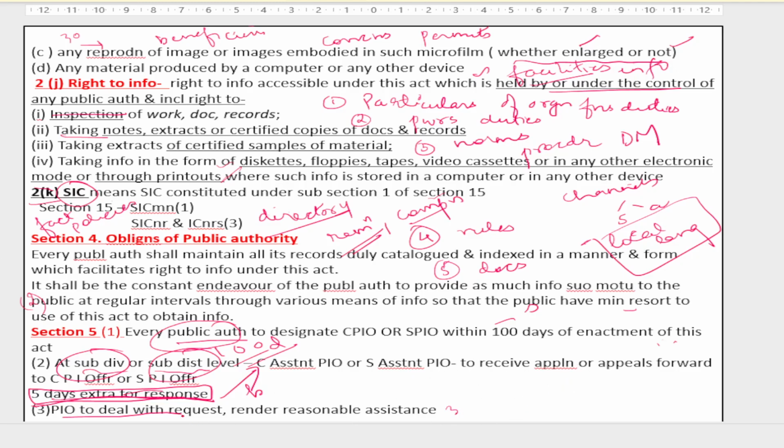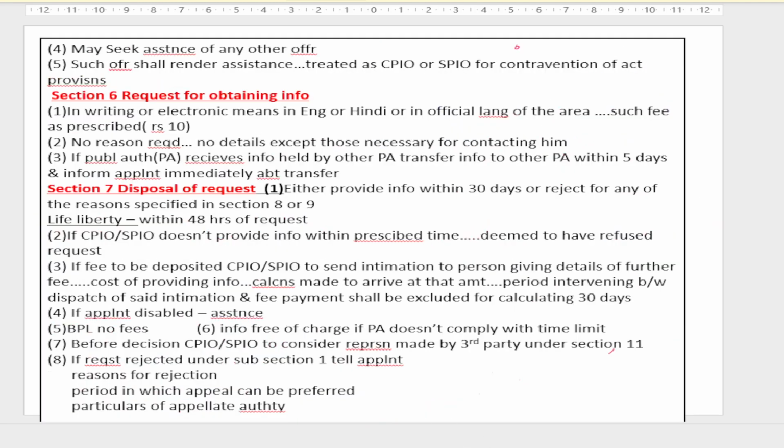Then the PIO is to deal with the request for information, and the PIO will also render reasonable assistance to the applicant. Will provide all possible assistance to the applicant for filing the application. Now the PIO may seek assistance of any other officer for providing information, and such other officer whose assistance is sought by the PIO is bound to render assistance.